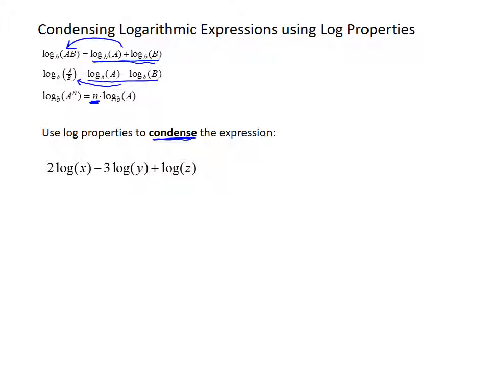If we use the log properties here to condense this expression, 2 log of x minus 3 log of y plus log of z, the very first thing you want to take care of is any exponents there happen to be. Notice there's a 2 out front of this log and a 3 in front of the second log. Both of those can be written as exponents to the appropriate input.